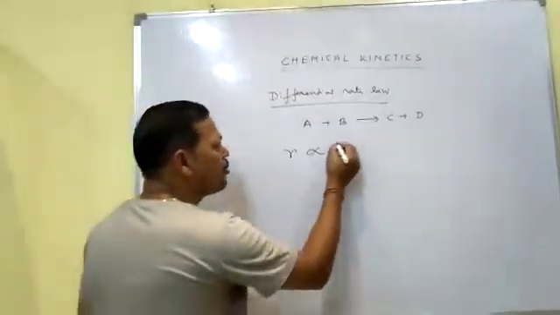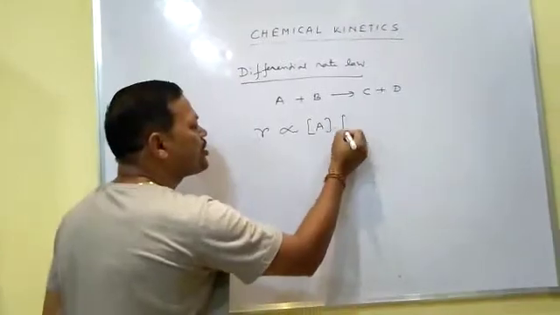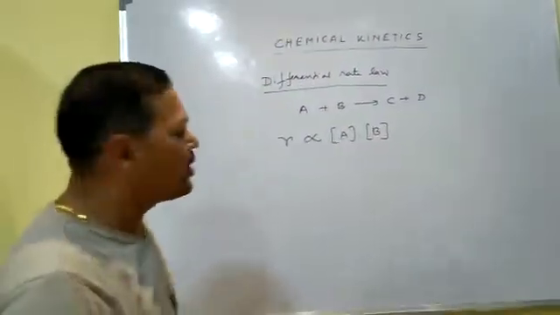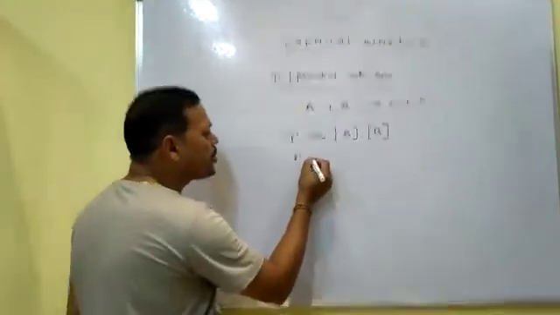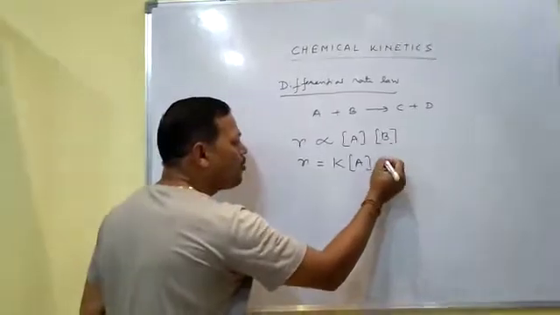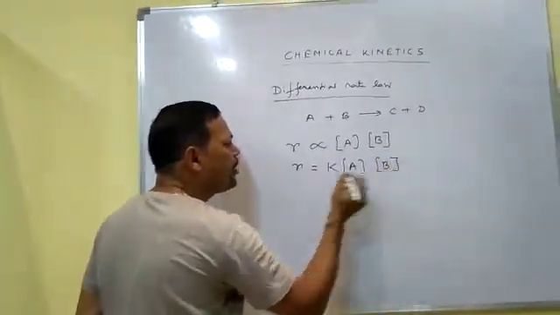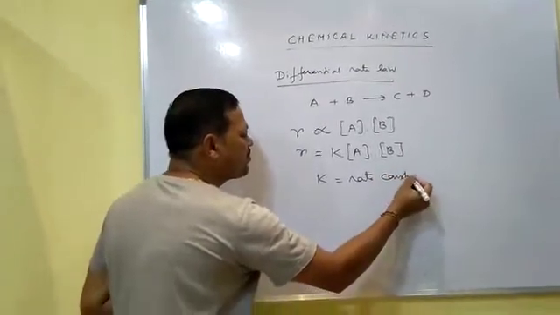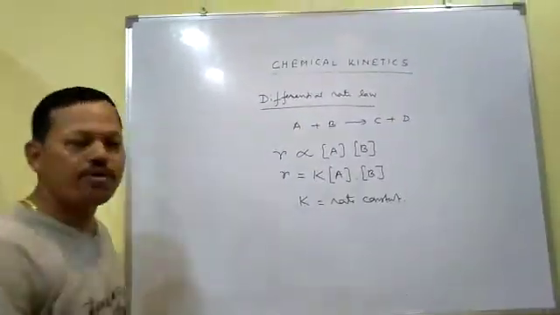A and B. So concentration of A into concentration of B. Like this way also you can express the rate of chemical reaction. When you remove the proportional sign, a constant will come, K of concentration of A into concentration of B. This K is called rate constant.